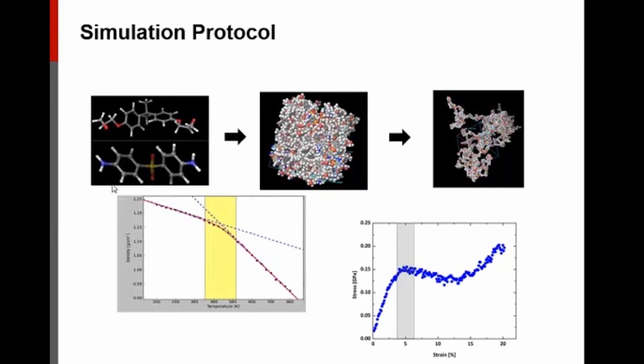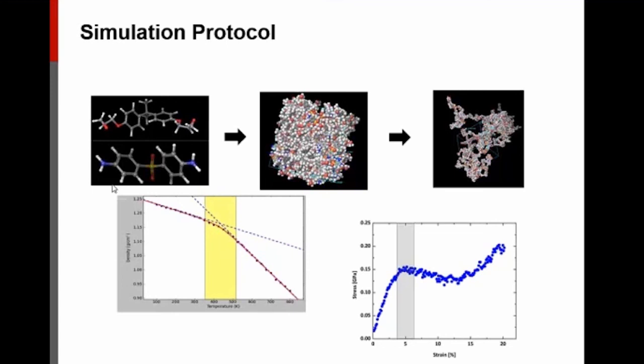And we can look at glass transition temperature by taking our representative polymer and looking at the density at different temperatures and projecting that from the lower and the high temperature regions to what the glass transition temperature will be.